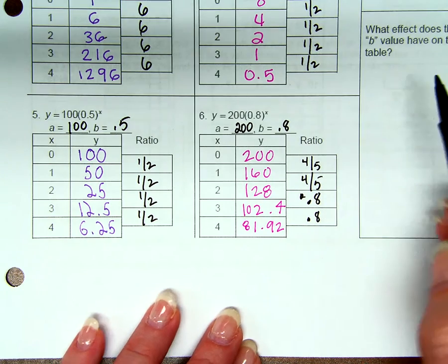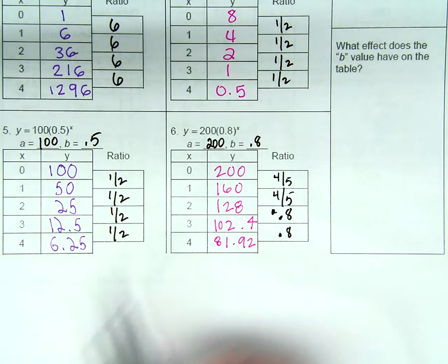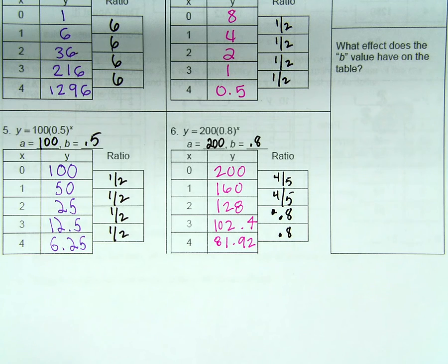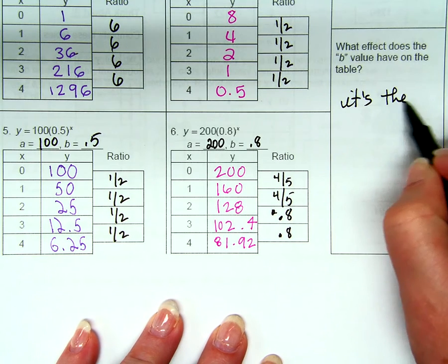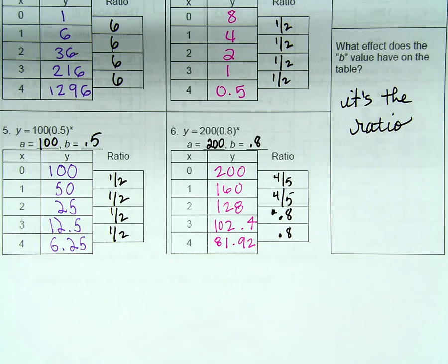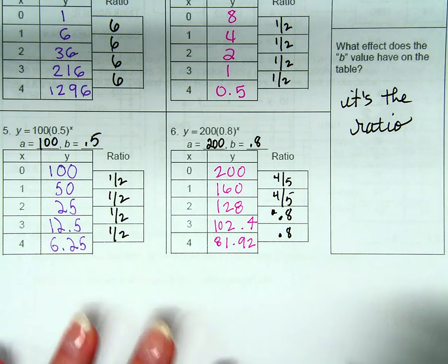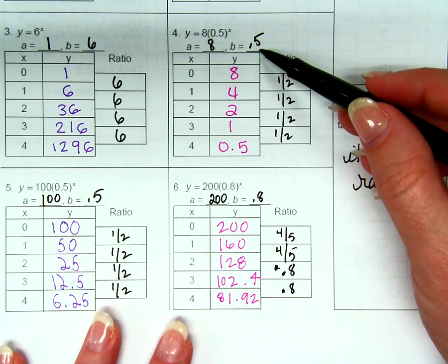Okay. So the question then on the side says, what effect does the B value have on the table? It's the ratio. Now, the only quote-unquote trouble people have sometimes is that what we wrote down for our ratio is not what it says in the equation.